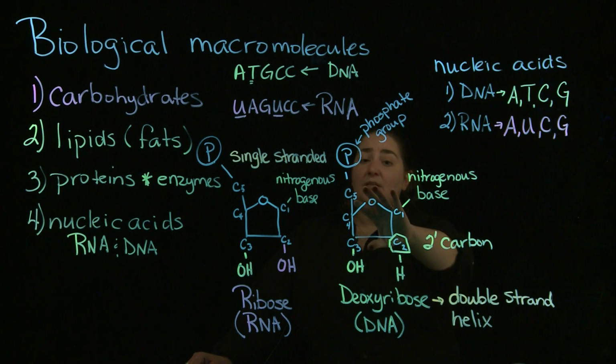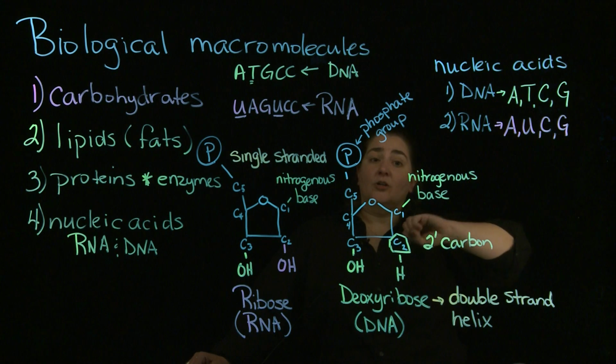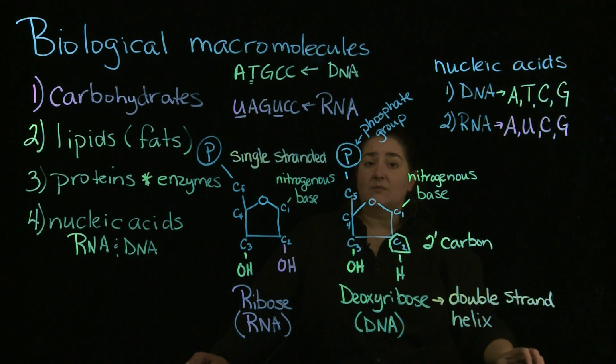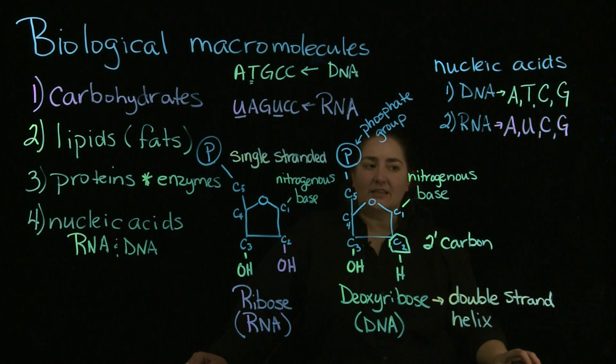We need to hook those nucleotides together to make our macromolecule, to make our chain of DNA, to make our chain of RNA. So I'm going to stop here, and then I'm going to come back and show you how the DNA and the RNA is linked together.